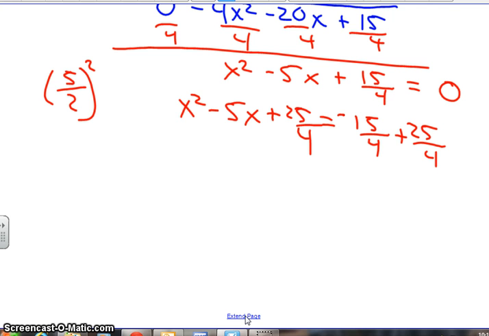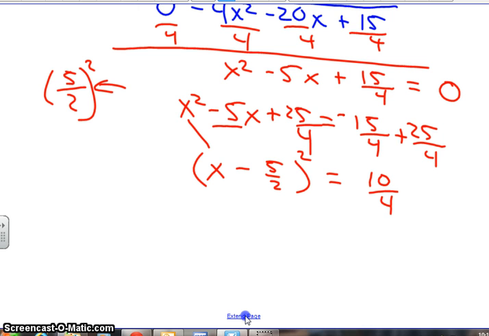And so on the left, our perfect square trinomial, which is a bit tricky, can be called x, what? What's the sign? Minus. And then the square root of that, we're back up here, 5 over 2. Just call it that. Equals, what do we have left here? 10 over 4. Okay.